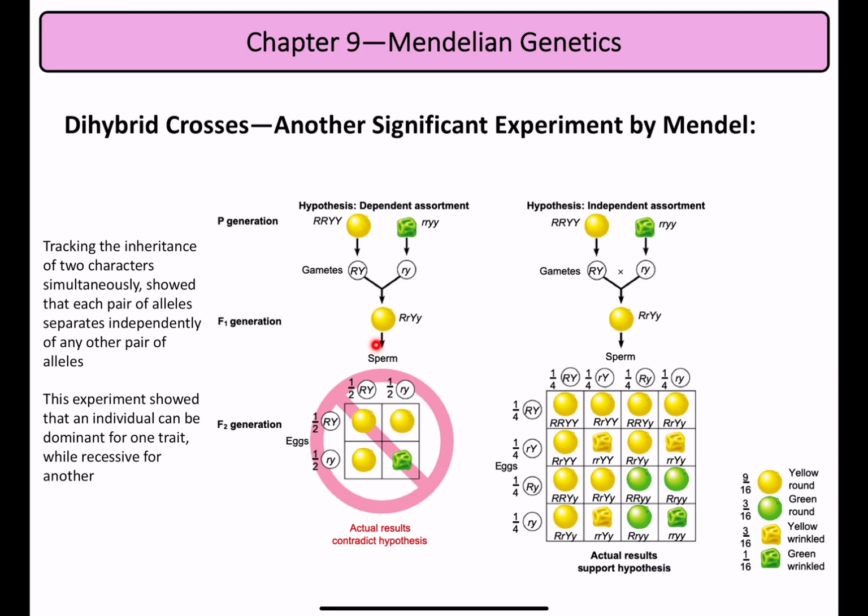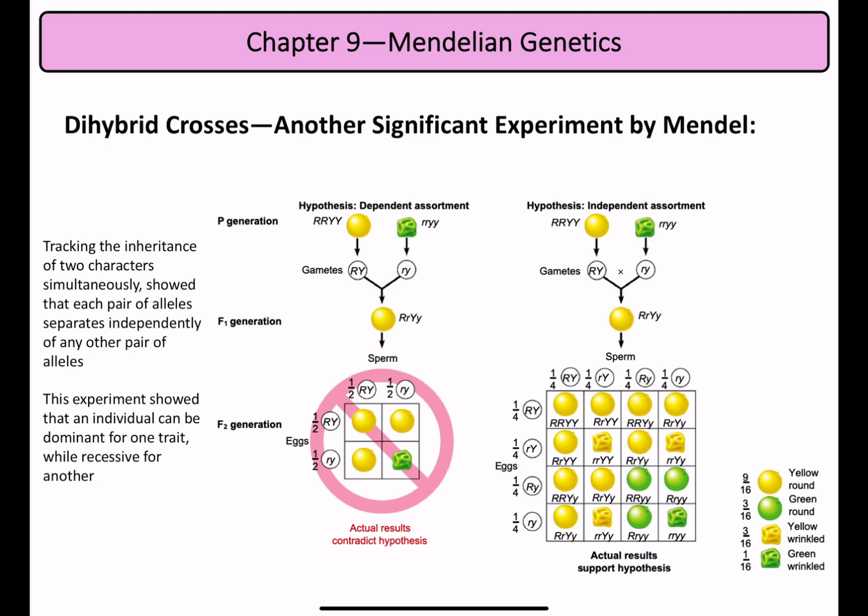What he learned is that the inheritance of one character does not affect the inheritance of other characters. So just because you have yellow seeds, which is dominant, doesn't mean you're more likely to have round seeds. You could be yellow and wrinkled, dominant for one, recessive for the other. Okay?